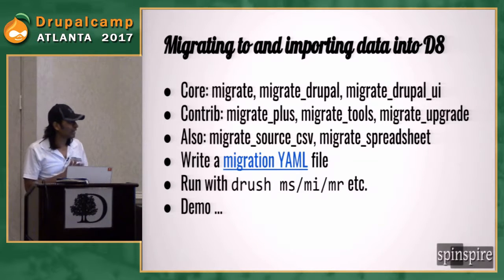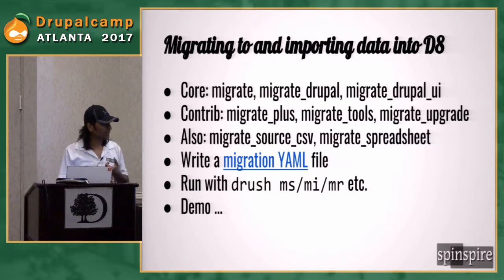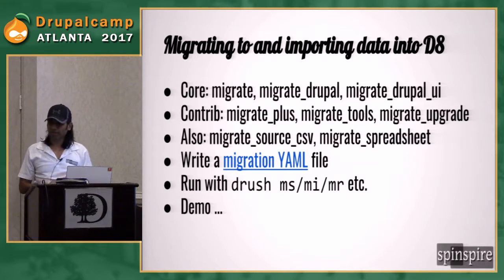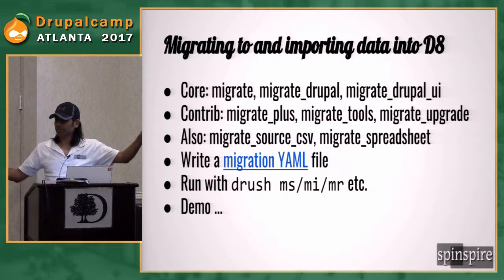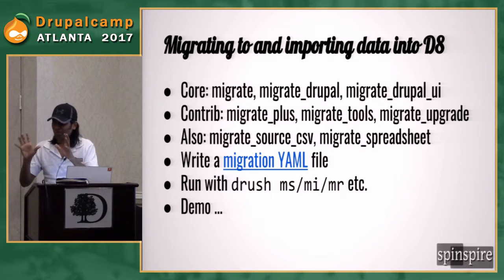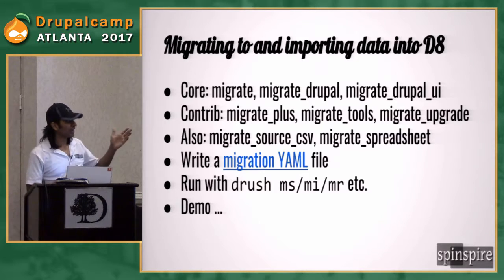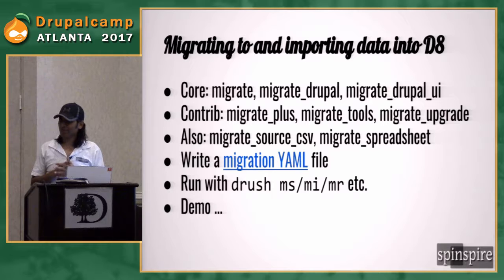So that's why you need the contrib modules, where you will use Migrate Plus, Migrate Tools, and Migrate Upgrade, these three. Migrate Upgrade is what you will use when you want to go from D6 or D7 to D8, and you want to have some control over the process. Migrate Tools gives you drush commands to control the process, right?